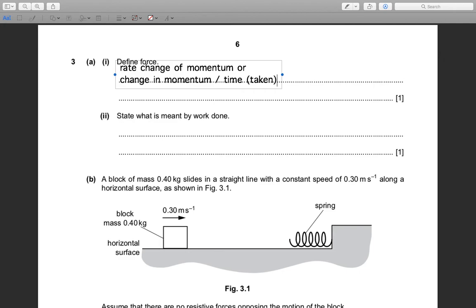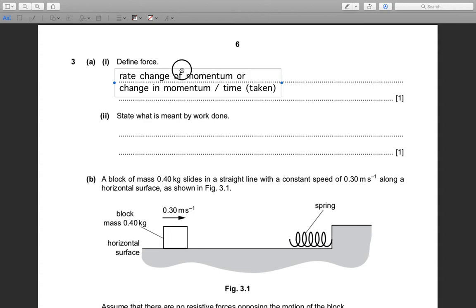Yes, this is the best answer. The definition of force is the rate of change of momentum, or the change in momentum divided by time taken.